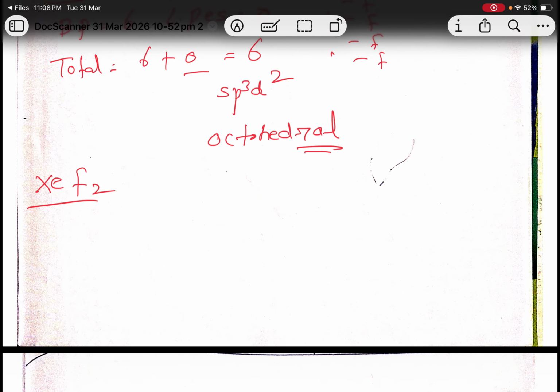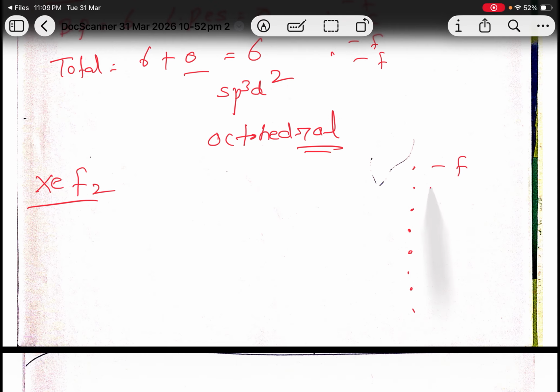Similarly, you can determine the number of lone pairs and bond pairs of xenon compounds. Xenon difluoride, XeF2. Xenon belongs to inert gas elements. It contains 8 valence electrons. Except helium, all the remaining inert gases contain 8 valence electrons, indicated by dots. 1, 2, 3, 4, 5, 6, 7, 8. 2 fluorines form 2 sigma bonds with 2 electrons. Next, it contains 3 lone pairs of electrons.